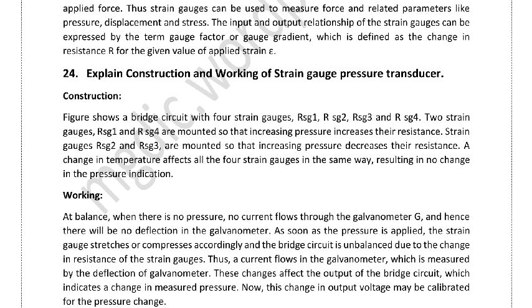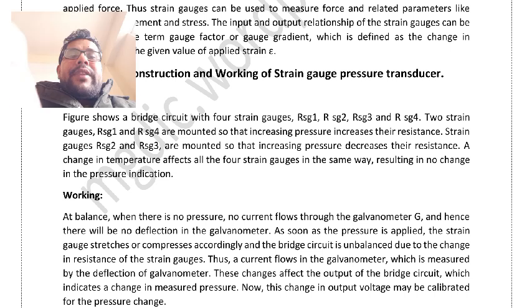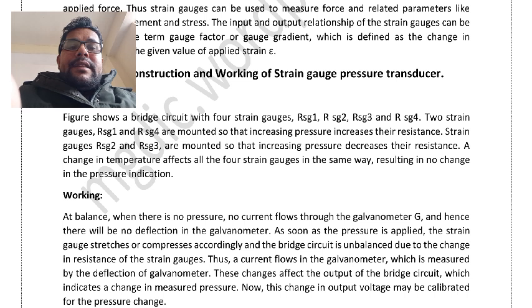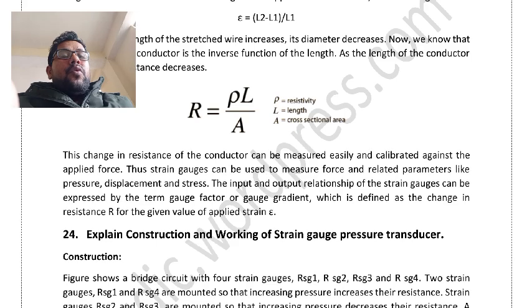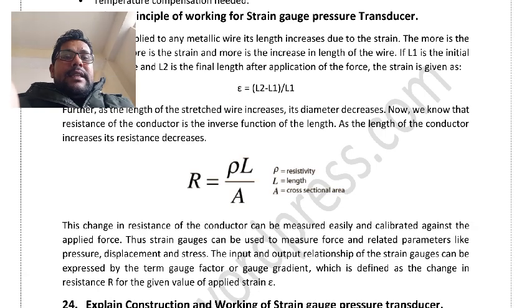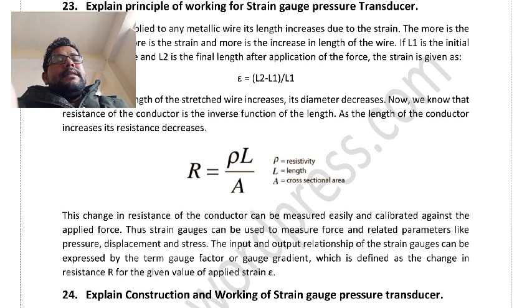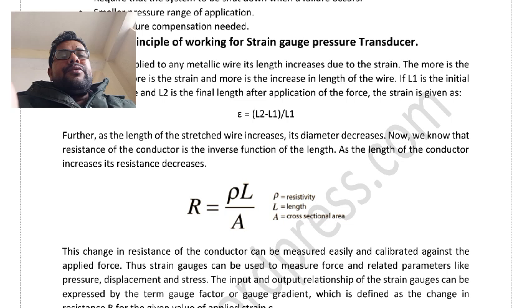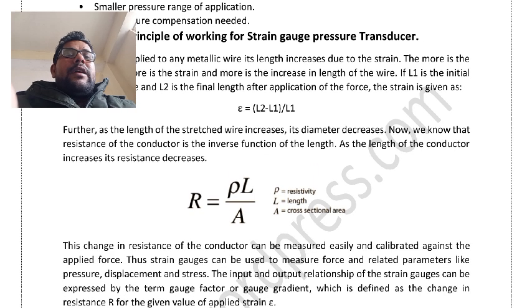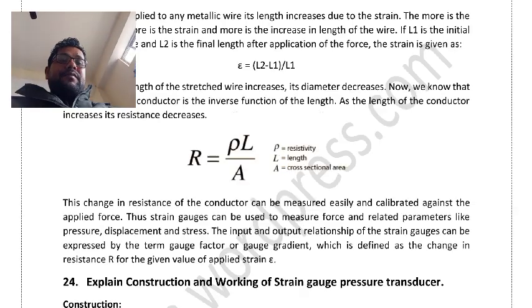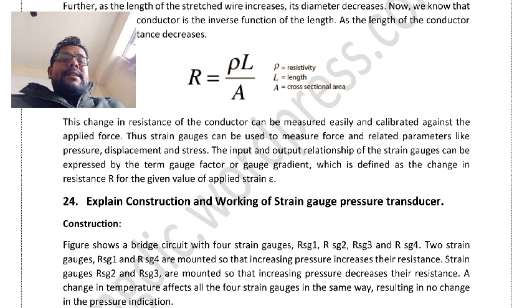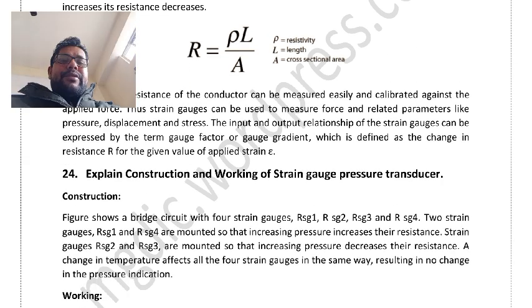Because we are discussing industrial instrumentation, here we will discuss how a strain gauge is used to measure pressure, since we have already seen the working of a strain gauge, and this is also part of the pressure transducer. Next, we will discuss how pressure can be measured using strain gauge transducers.